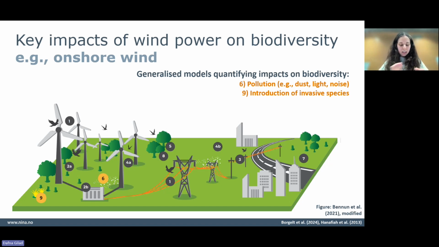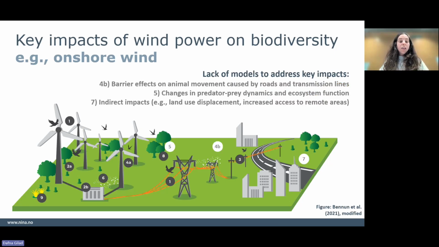But again, these two are not specifically made for wind power, so they need an additional adjustment if you actually want to use them. And then, of course, there is still a lack of models. So there are still some impact pathways where there are no models, so we cannot quantify them yet in LCA.